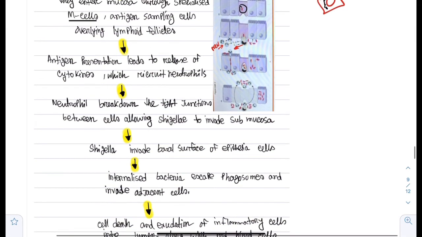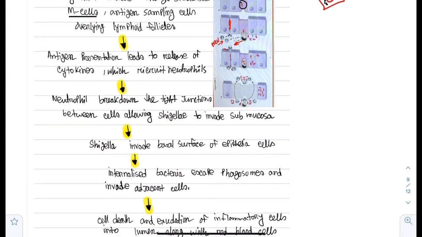These neutrophils will go between the cell junction here. So these are the neutrophils going between the cells, and they will invade the submucosa.